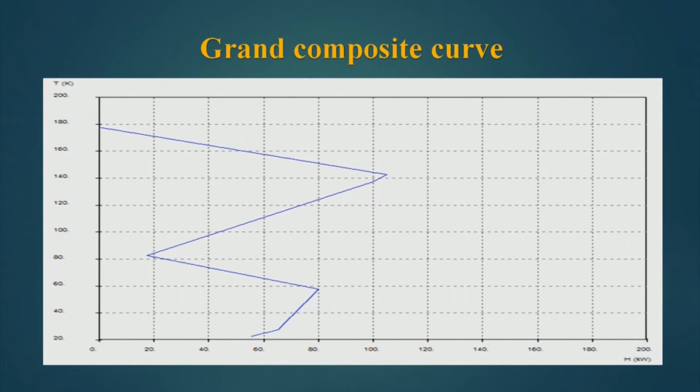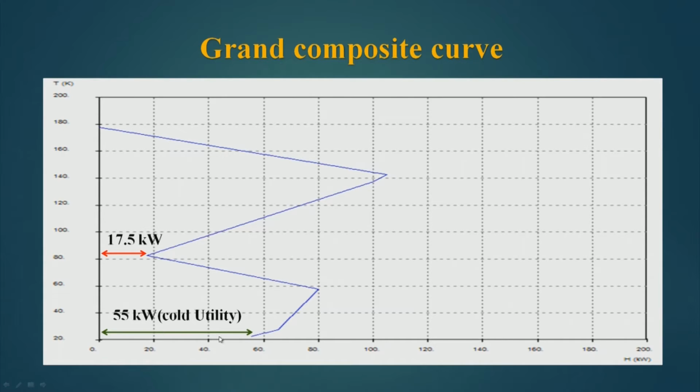If we see the same problem in a Grand Composite Curve, this is the amount of heat which is passing through the pseudo pinch. This heat, if I consider a vertical heat transfer from these hot streams, is directly passing to the cold stream here below, and it is not doing any work, so it is a total loss of heat.